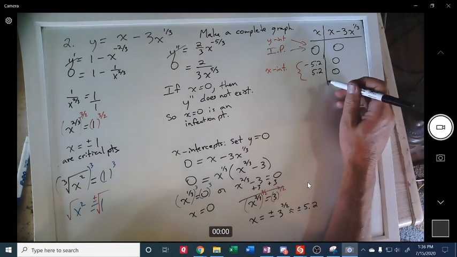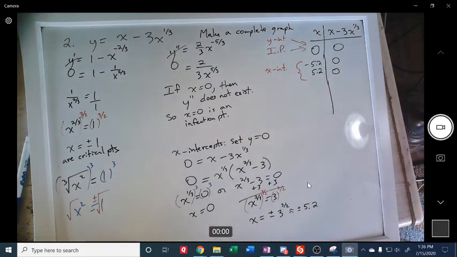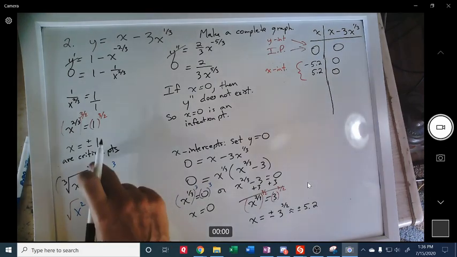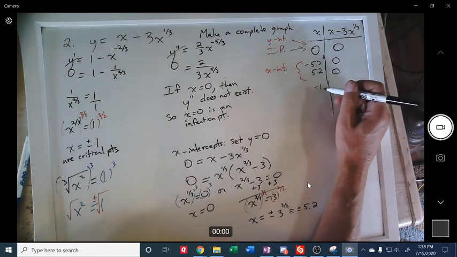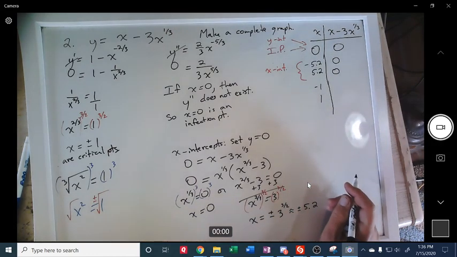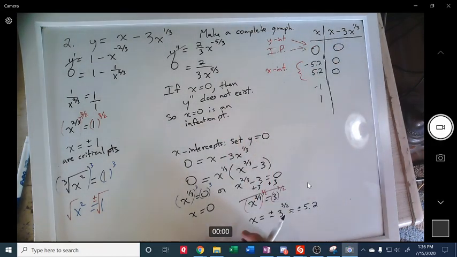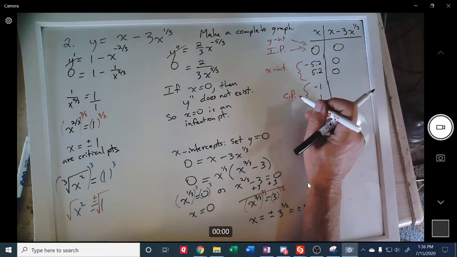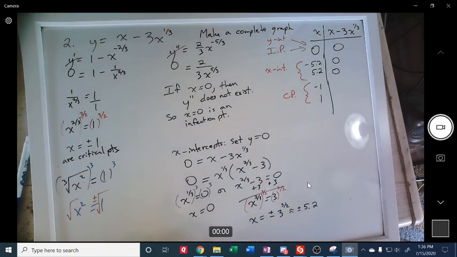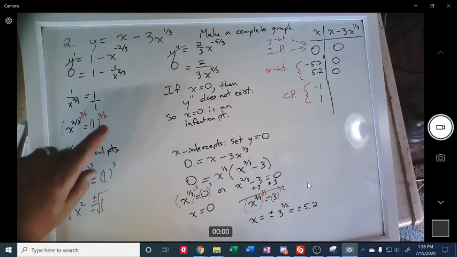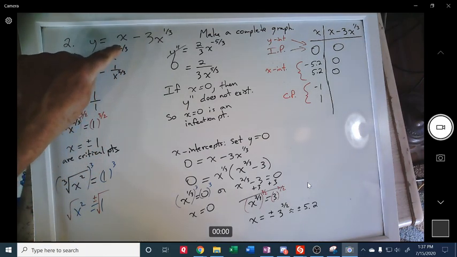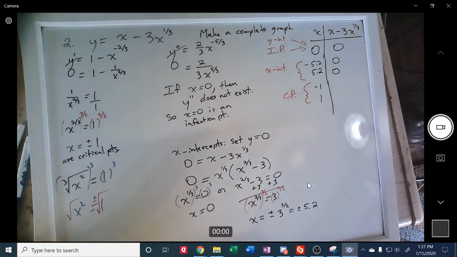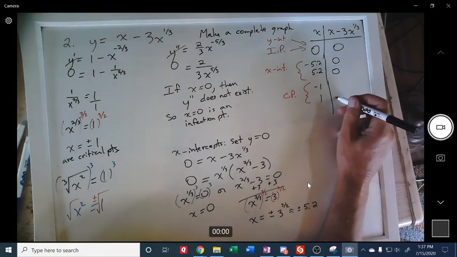Now we need to also in our master table put all the critical points and the inflection point. Inflection point's already there. So these two are critical points. When I plug them in, let's put in positive 1. I get 1 minus 3, which is negative 2.